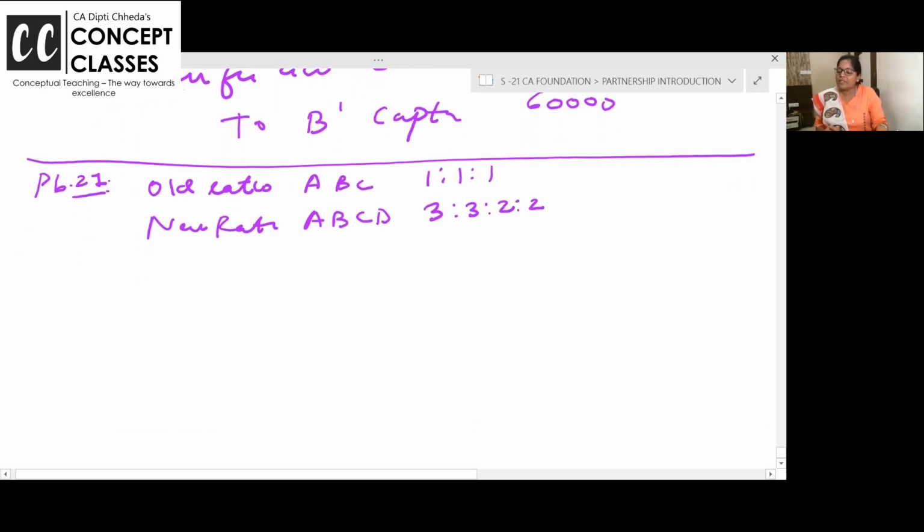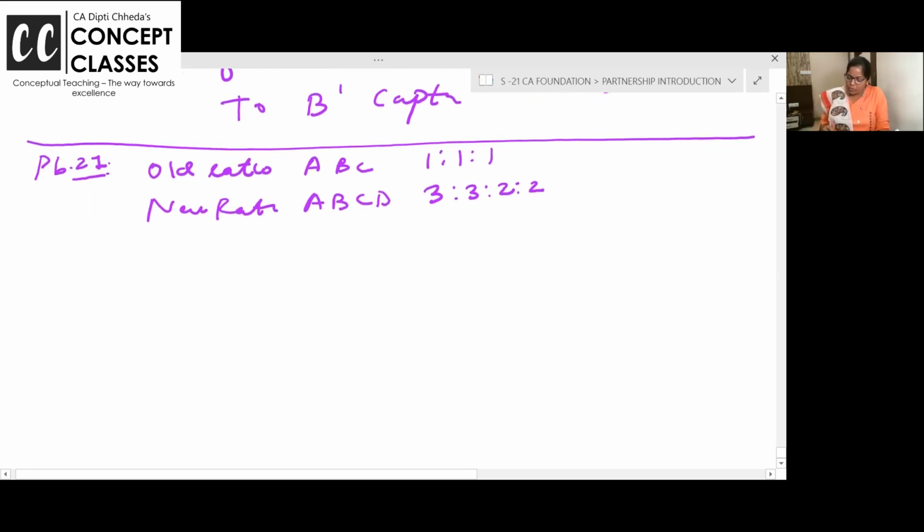And he's bringing the goodwill in cash. So can we give it to all the partners? D brought goodwill in cash. How much goodwill did he bring in cash? 36,000.